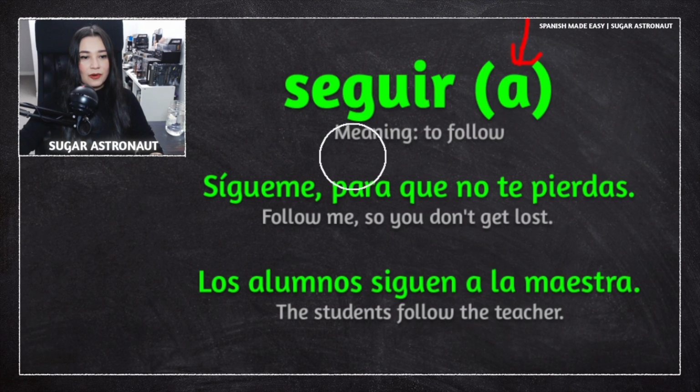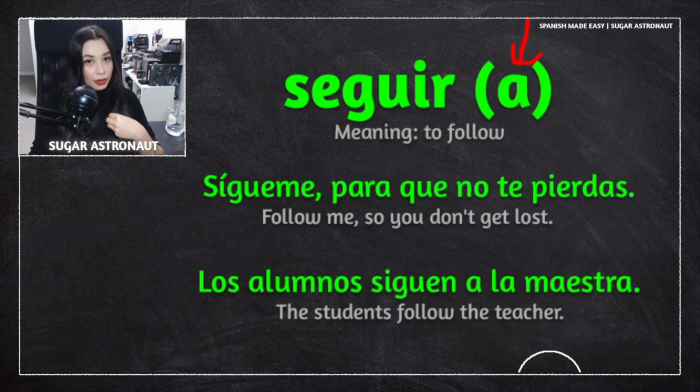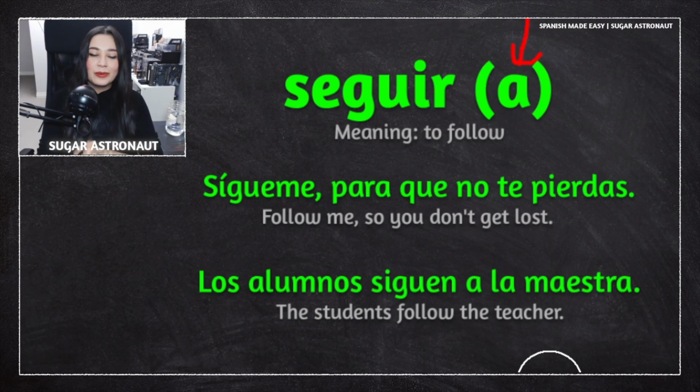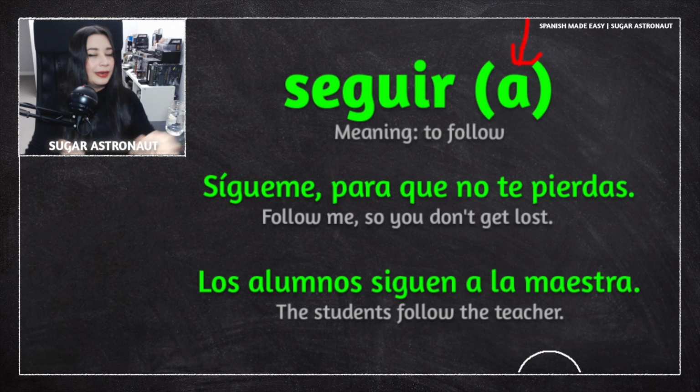Okay, so now you know that seguir means to follow. That's one of the many meanings of seguir. Seguir, to follow, literally, or if you're talking about social media, then follow me on Instagram, and so on. And also remember that sometimes you have to use the word a, or the letter a, when adding a noun after seguir. Excellent.